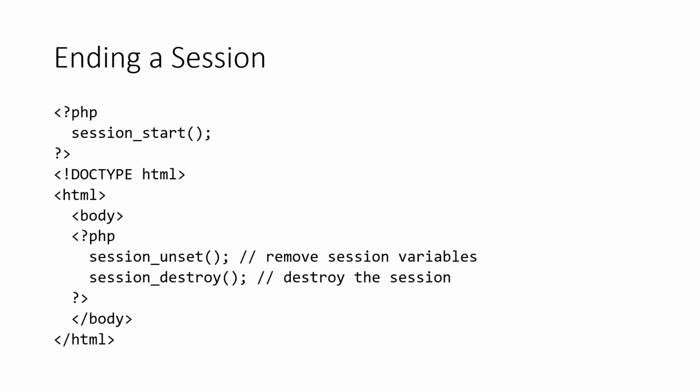Now, sometimes we have to end the session. You can do this in two ways. One is you can use unset, especially if you are working with the session and want to remove one or two session variables. The second method is session destroy, which can destroy the whole session.